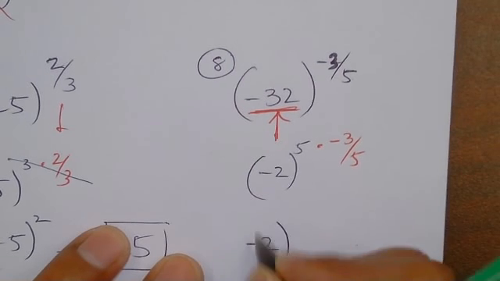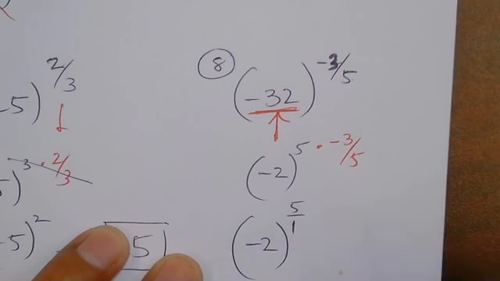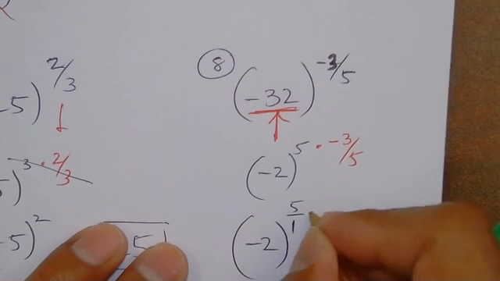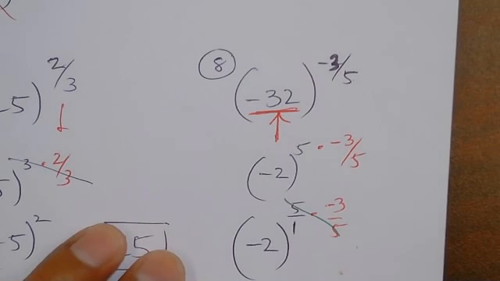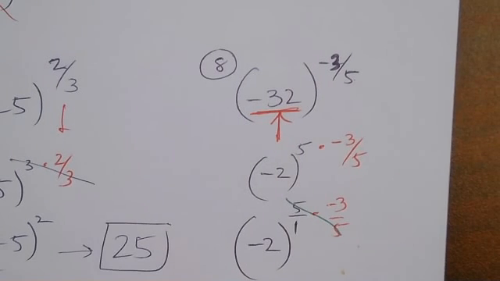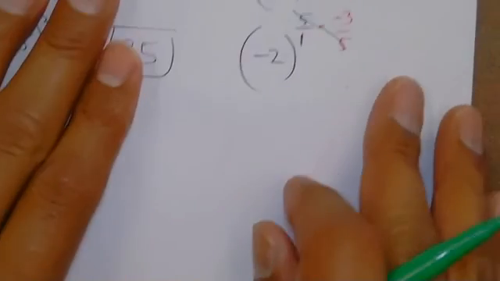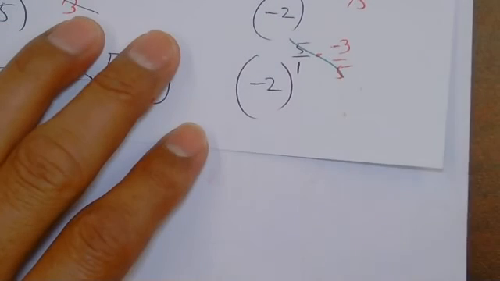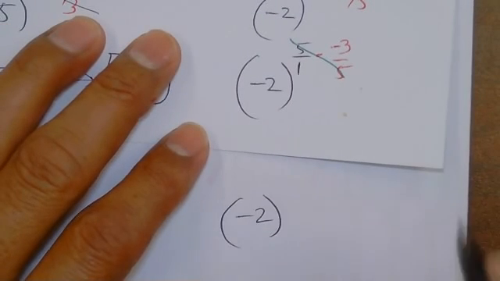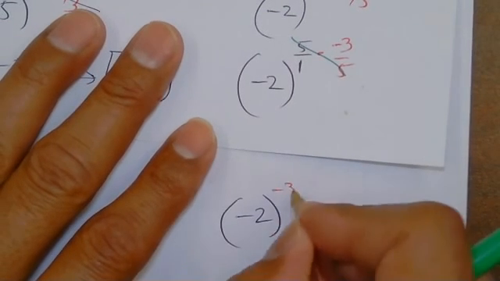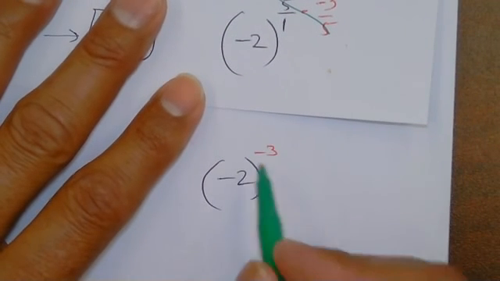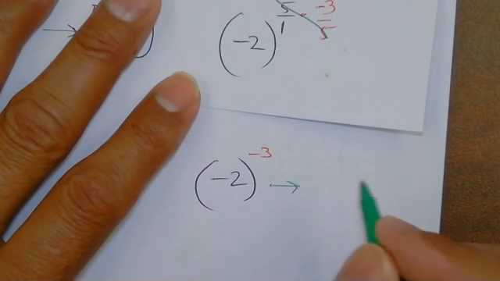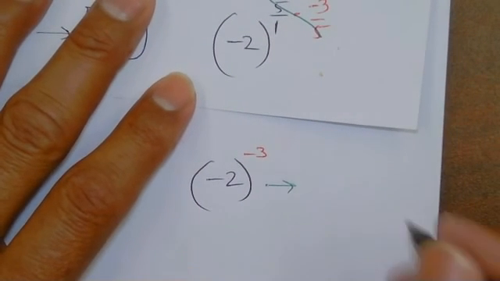What's going to happen there, you guys? The 5's are going to cancel out. Right, you guys see that? I kind of wrote it weird right there. Let me do it like this: 5 over 1 times negative 3 over 5. The 5's are going to cancel out, right? What's left? Negative 2 is my base, and my exponent is negative 3.